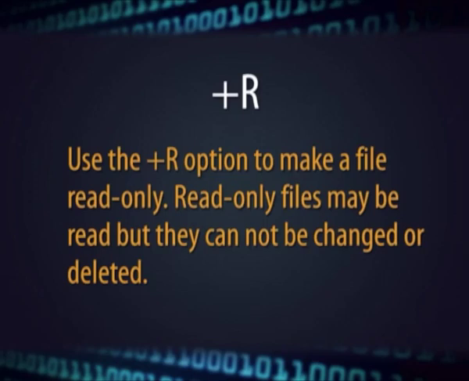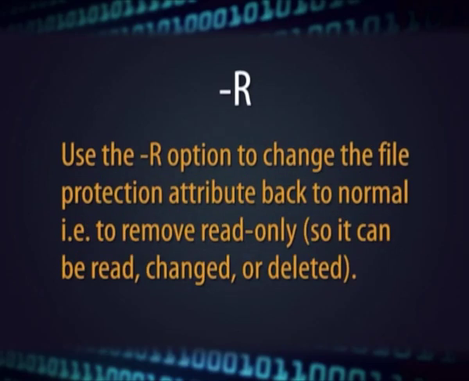Read only files may be read, but they can't be changed or deleted. -r option is used to change the file protection attribute back to normal, that is, to remove read only, so that it can be read, changed or deleted.